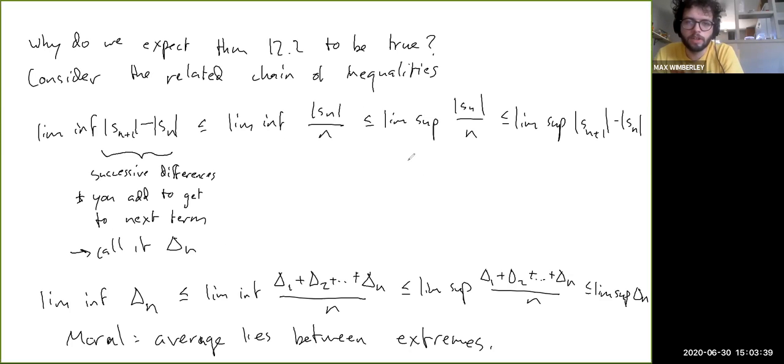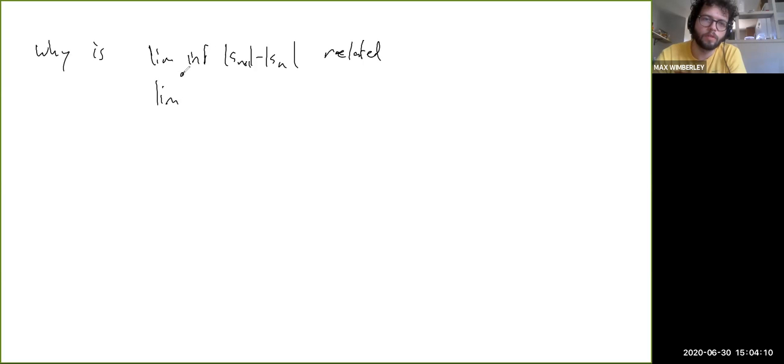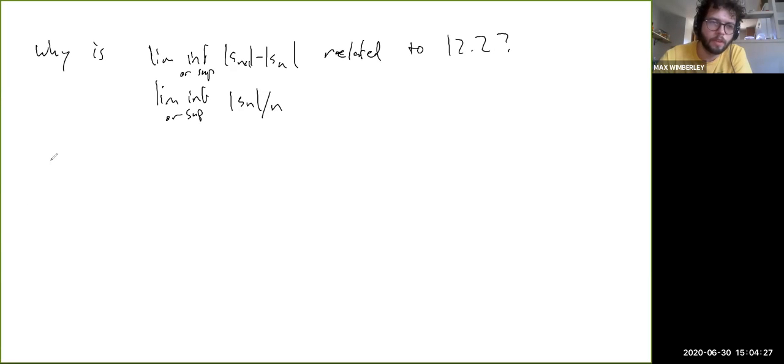So now the question is, why is the lim inf or sup of Sn plus 1 minus Sn related to the lim inf or sup of Sn over n, and how does that relate to the statement of 12.2, which involved quotients?